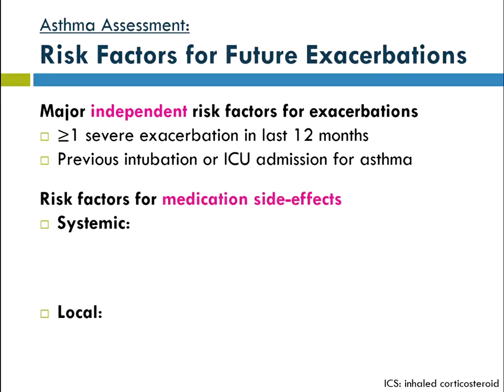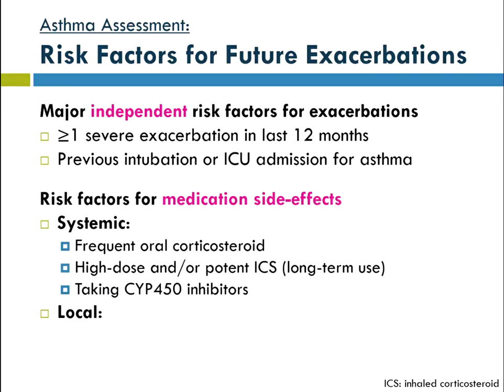Okay? When you think about risk factors for medication side effects, so what is going to increase the risk that a patient will have side effects from your medication? We have systemic and local. So systemic side effects would be if they have been on frequent oral corticosteroids. What's an oral corticosteroid? Prednisone, dexamethasone. Okay, so they have been on frequent oral corticosteroids.